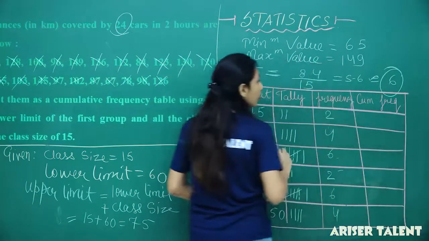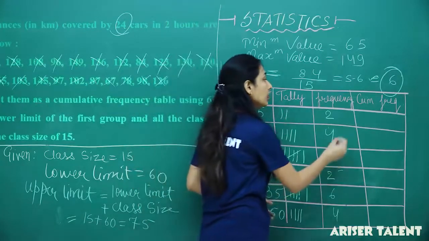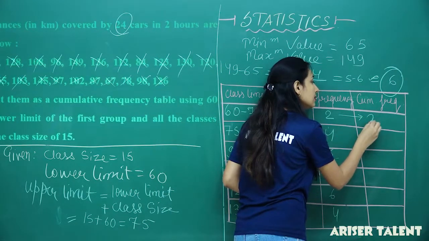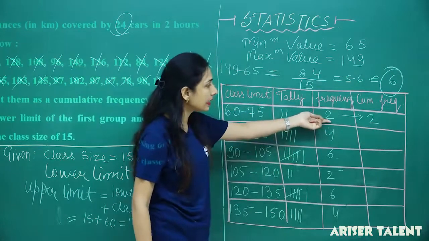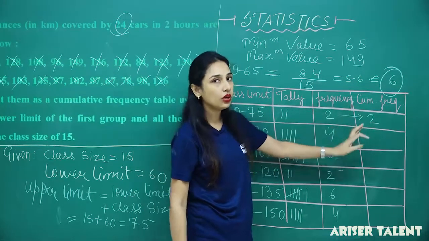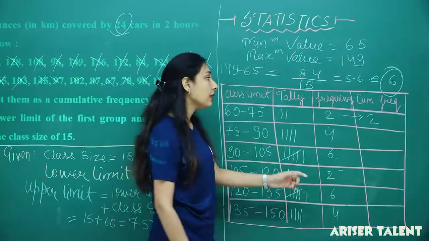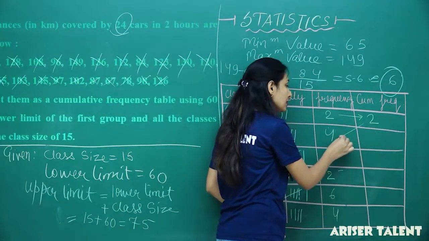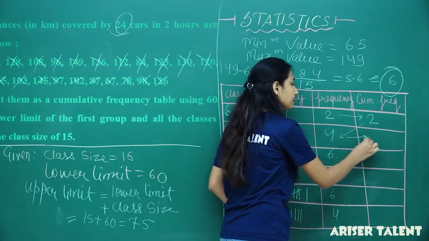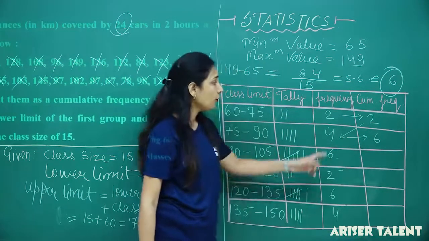Now students, with the cumulative frequency, you just write this number, because the summation until here is the same value. You are not having any value to add to that 2. So that will be 2 here. Now sum this value to this and you get 6. 4 plus 2, 6.